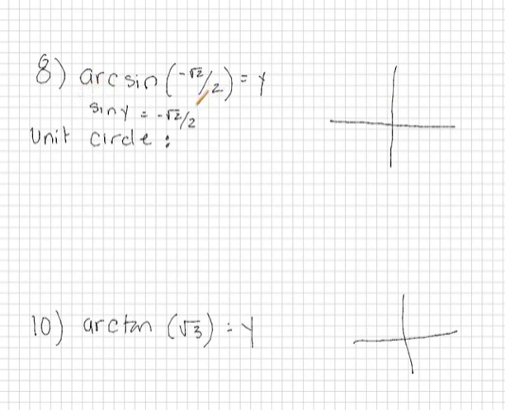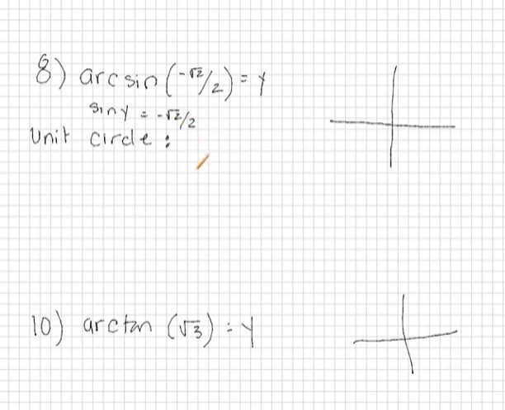So number 8, we're looking for the arc sine of negative rad 2 over 2. I'm just calling that y. And I've rewritten this as sine y equals negative rad 2 over 2 so that we know that we're looking for an angle. So go ahead and go to your unit circle and find the places on the unit circle, and there will be more than one, where sine is equal to negative rad 2 over 2.